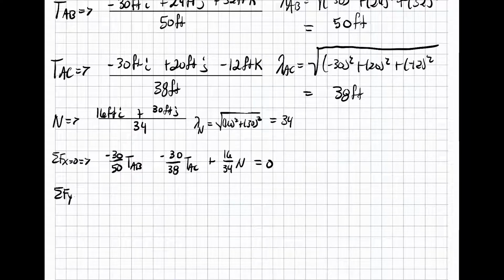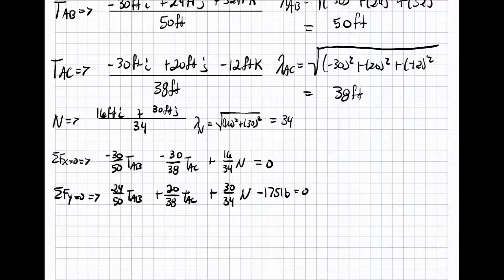Sum of forces in the y equal to 0. We have 24 over 50 tension AB plus 20 over 38 tension AC plus 30 over 34 normal minus our weight of the person, 775 pounds, equal to 0.